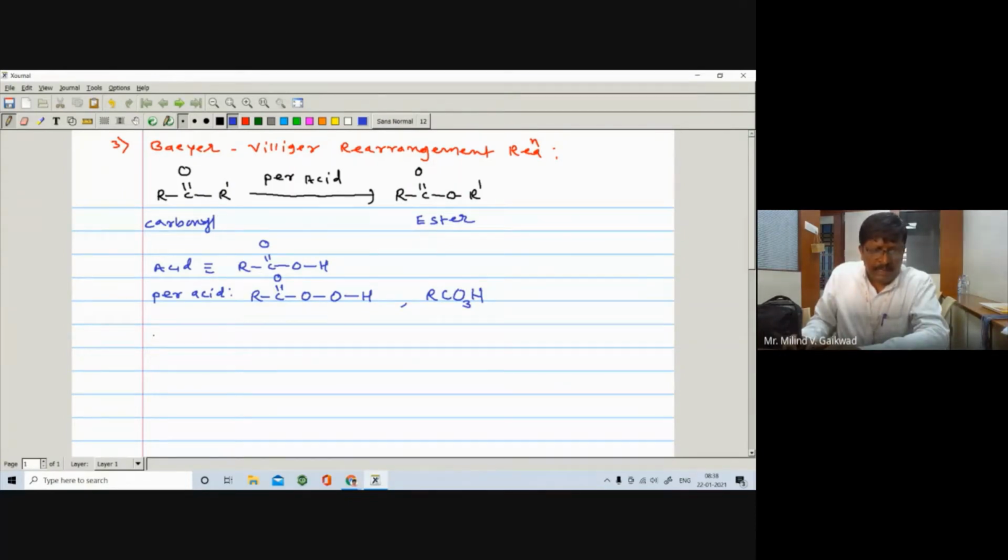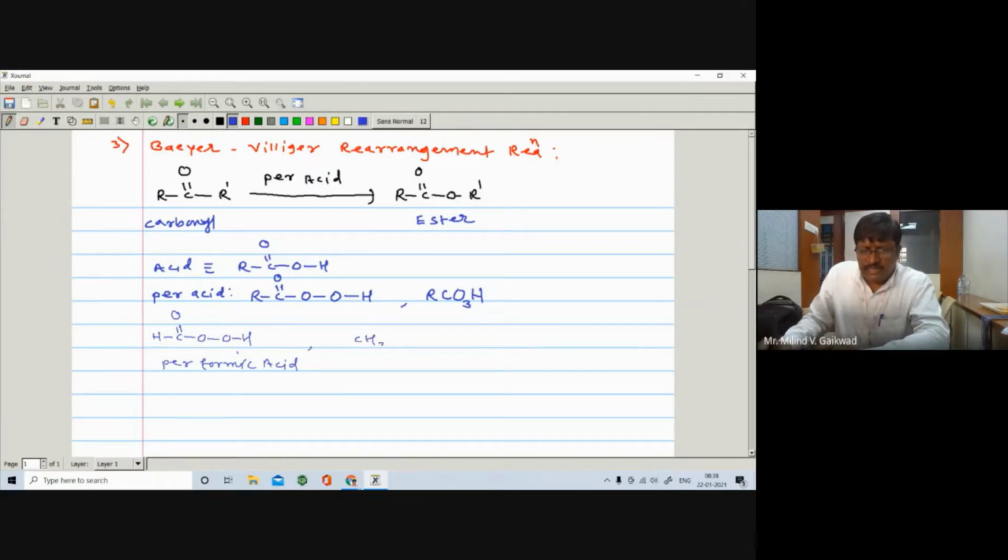For example, if it is H-C double bond O and OH, the corresponding acid is formic acid. So it is called performic acid. Why? Because we put an oxygen in between the oxygen and the hydrogen.